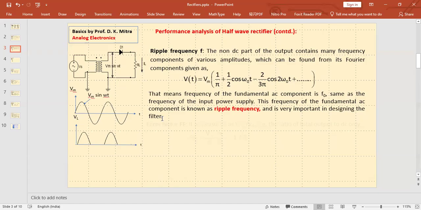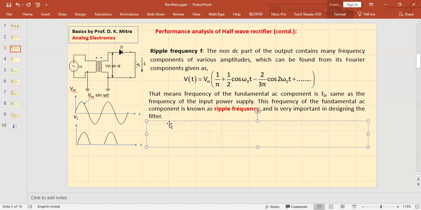And higher is the frequency that you want to remove, the cheaper and easier is the filter. So this is a negative point of half wave rectifier. The ripple frequency is as low as 50 hertz. So filter design will be difficult, will be not easy.